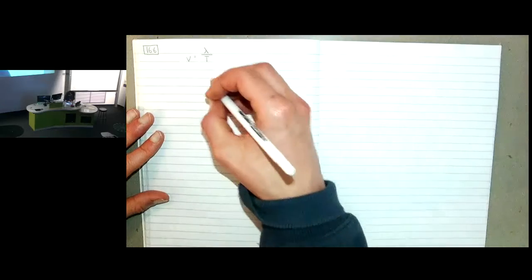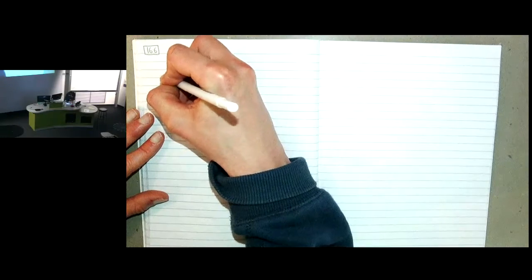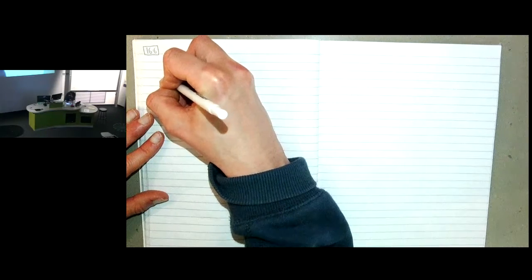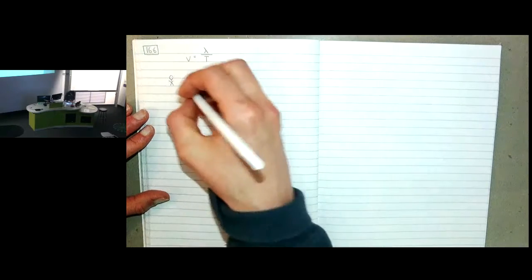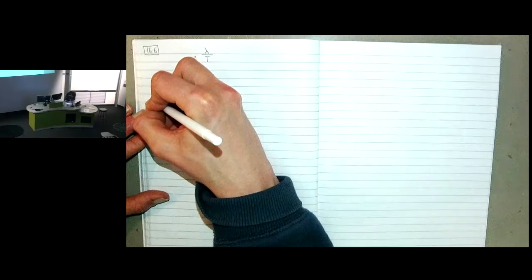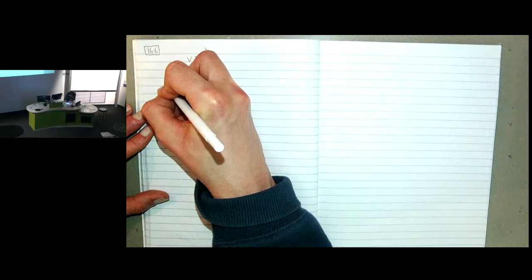So this guy is standing on a pier. Here he is, and this is my rendition of him. He's just watching these wave crests go past. If this is the wave he's looking at, we might have a wave looking something like this, going past him.